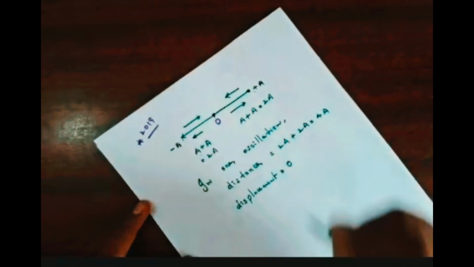The initial point is the origin, that is mean position. The final point, at last, is the origin again, mean position. So what is the path length from origin to origin? 0. That's why the displacement is 0. Distance is 4A and displacement is 0.